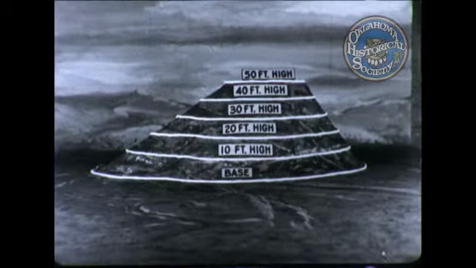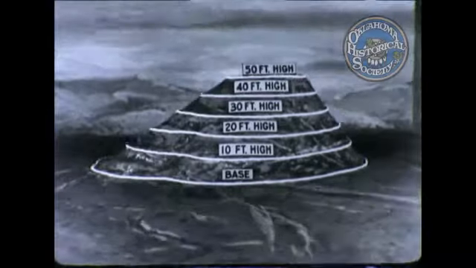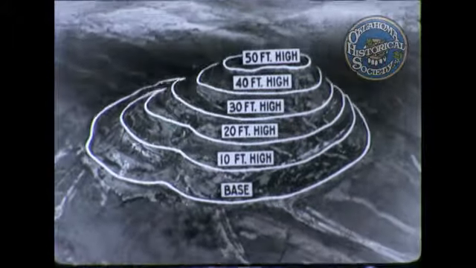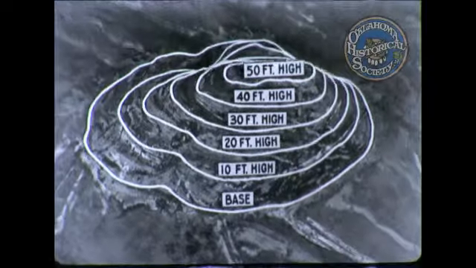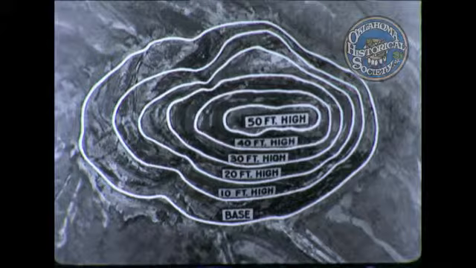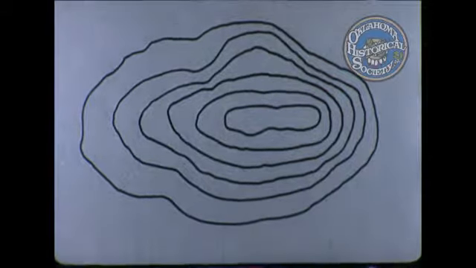The study of these contours has been made from the point of view of a ground observer. If we should take to the air, an entirely different picture of the hill and its encircling contours would be obtained. This is the way the contours appear when drawn on a map.